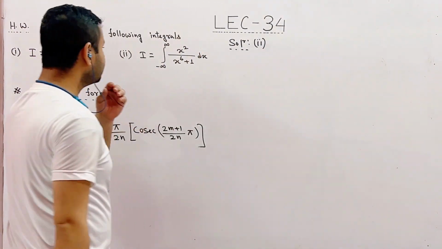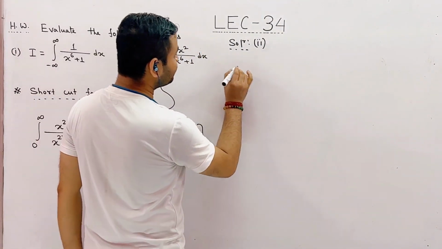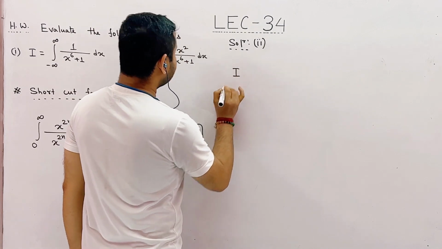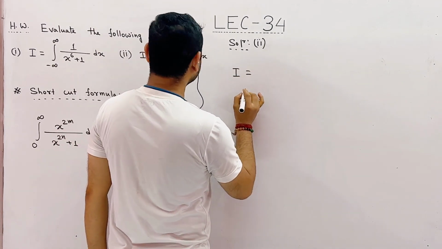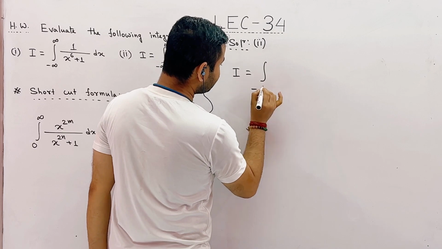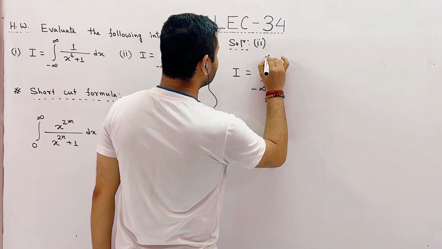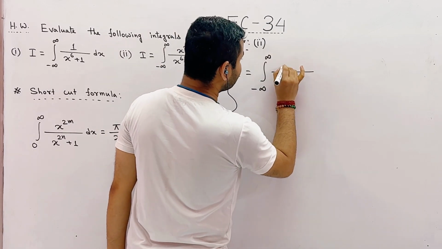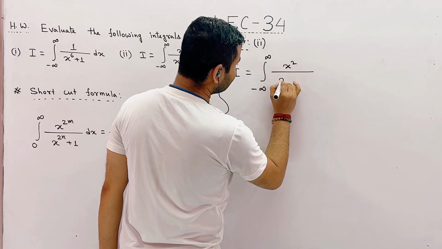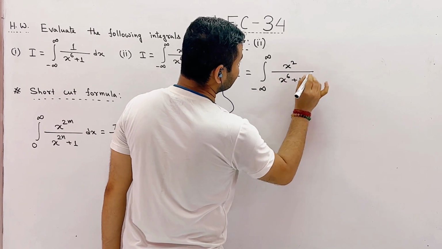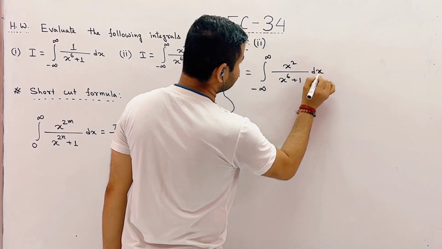So, solution to problem number 2. So, according to problem number 2, integration I is equal to integration minus infinity to plus infinity x square divided by x to the power 6 plus 1 into dx.